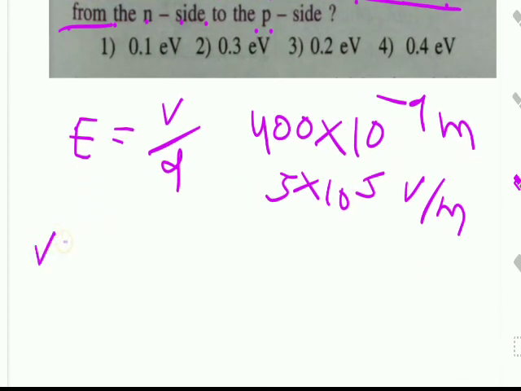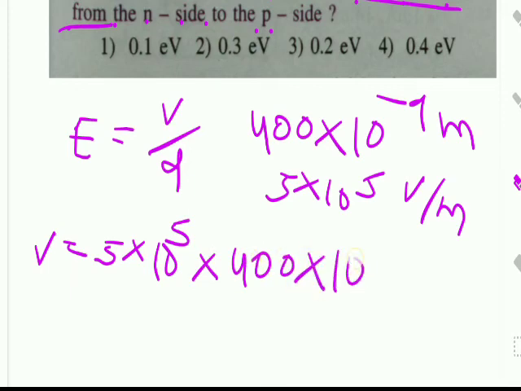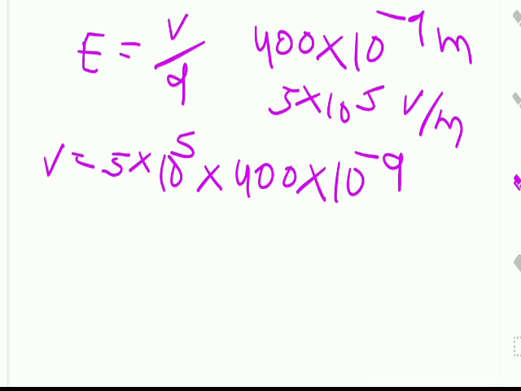So V is equal to 5 into 10 to the power of 5 into 400 into 10 to the power of minus 9.